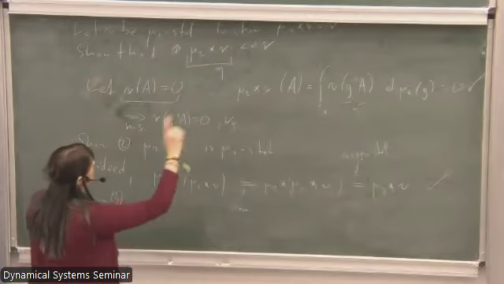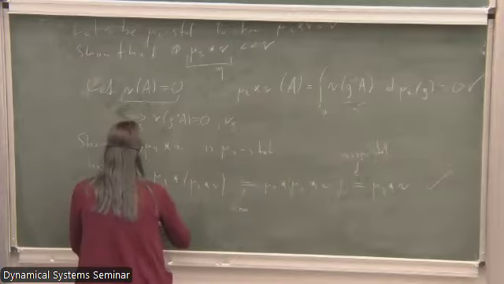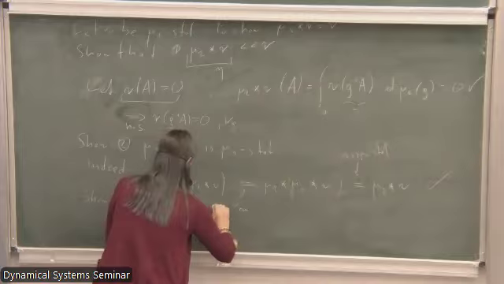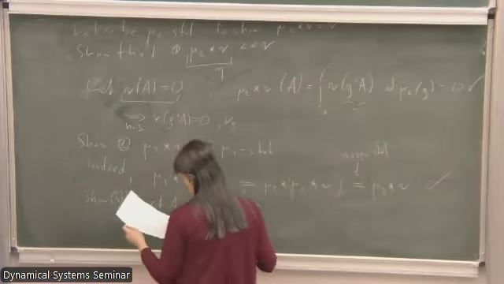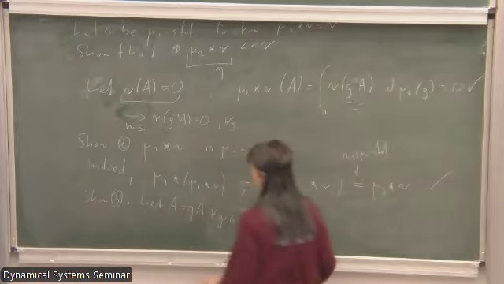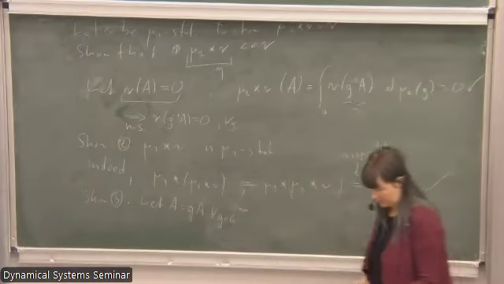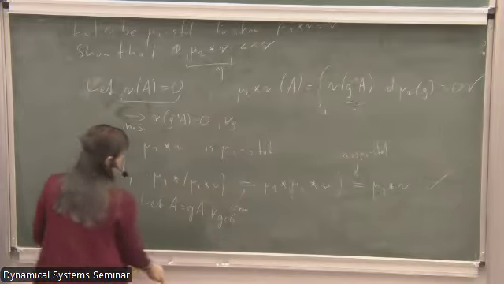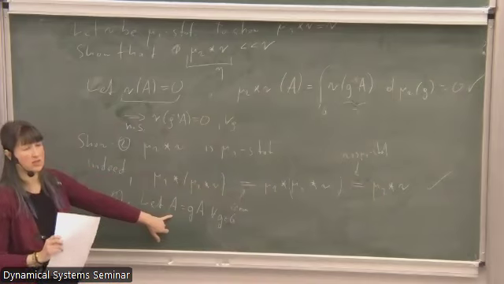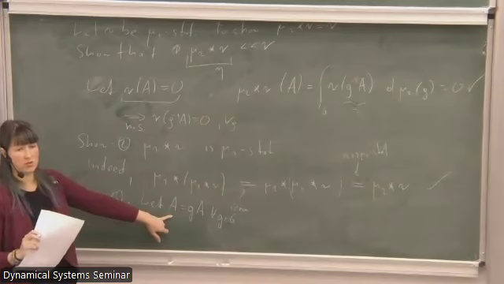is that we have to check ergodicity. So we say let A be such that it's invariant under all g in G, some nice measurable set. And we want to say that this measure charges this set A either 0 or 1.